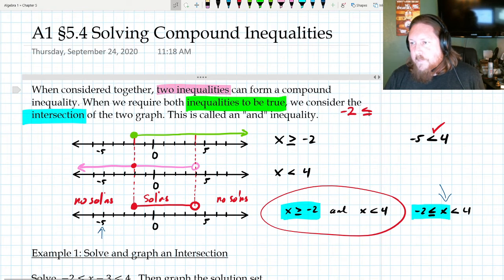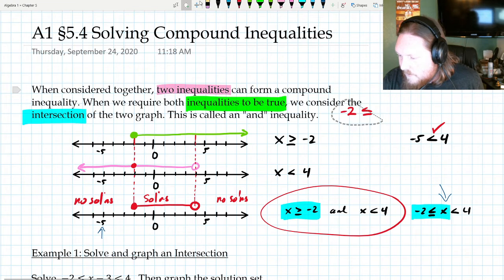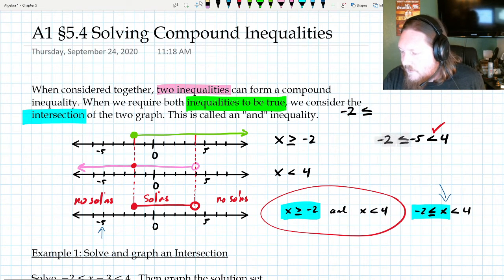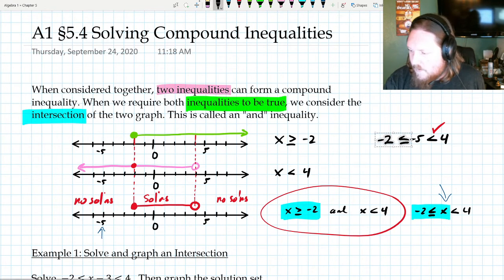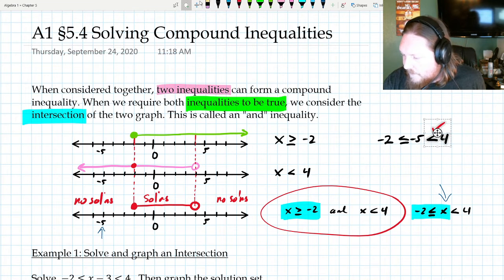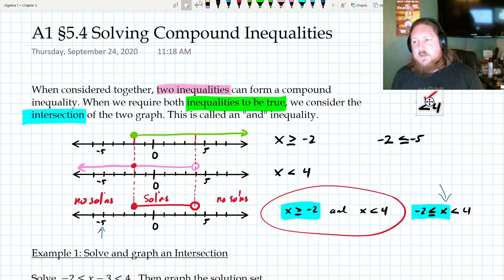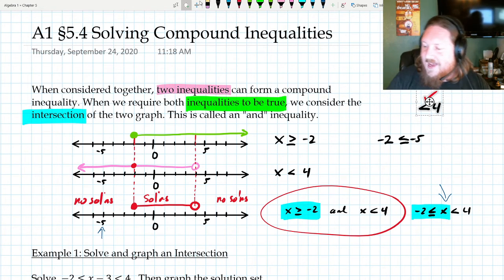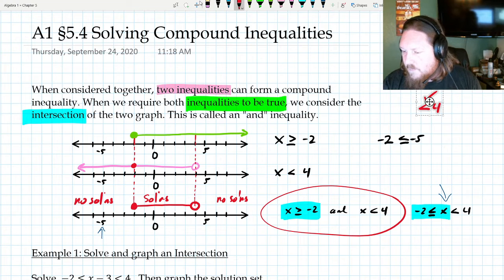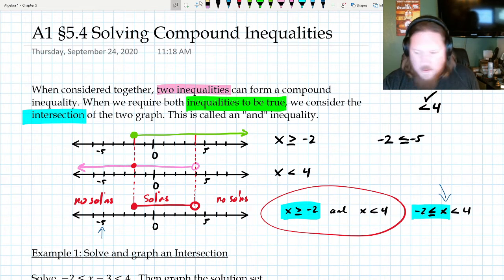Now let me highlight that back. Turn that back to black. Now let's just consider the first half of this. This is kind of a weird way of looking at it, but is -2 less than or equal to -5? In this case, that is not true.